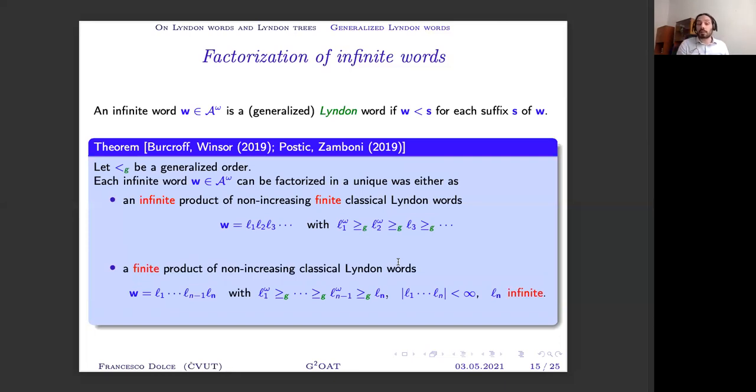They actually proved that it is possible to factorize every infinite word as a unique non-increasing factorization of Lyndon words using exactly the same trick as before. That means either using an infinite number of finite Lyndon words or a finite product where the last one is an infinite word.